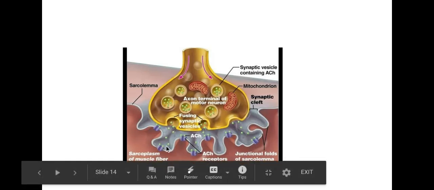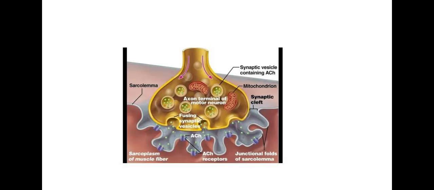There are acetylcholine receptors on the sarcolemma that take in that neurotransmitter, which then tell that muscle to do the contraction, to let go of that calcium that is stored in the sarcoplasmic reticulum, and to move those Z lines closer together to make a muscle contraction.